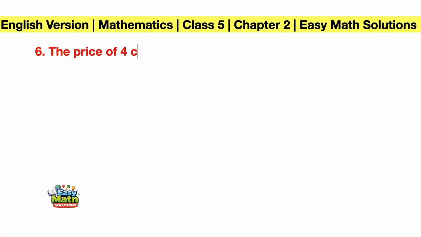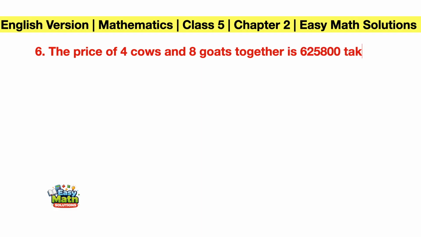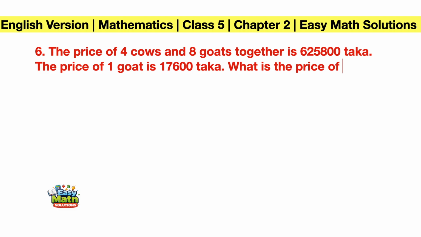Number 6. The price of 4 cows and 8 goats together is 6,25,800 taka. The price of 1 goat is 17,600. What is the price of 1 cow?